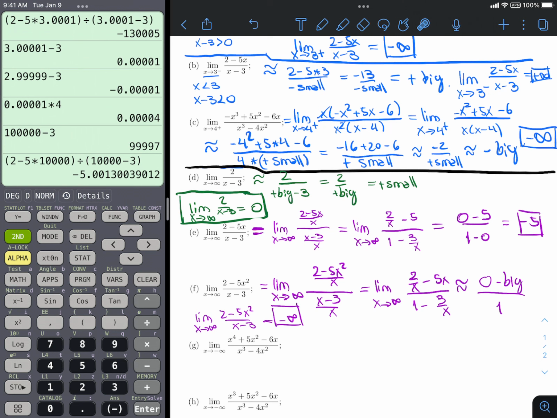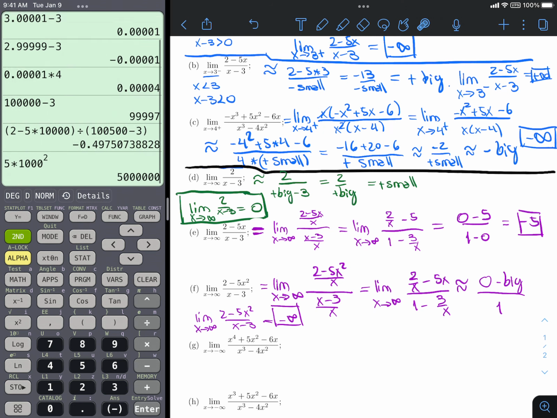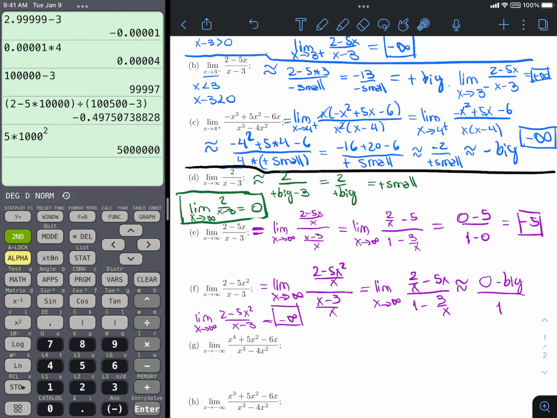Now there are two interesting things happening here. The way to think about it is to note that the degrees are different. Because the degree of the top is bigger, this x squared is big, and this x, even though it's big, is not big enough. If you compare the two when x is 1,000, then 5 times 1,000 squared is 5 million.